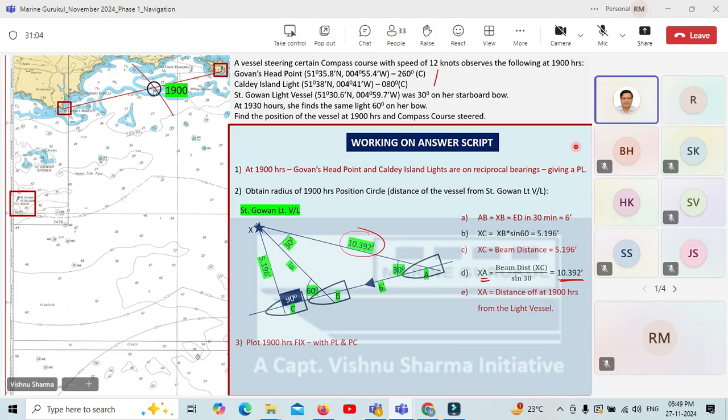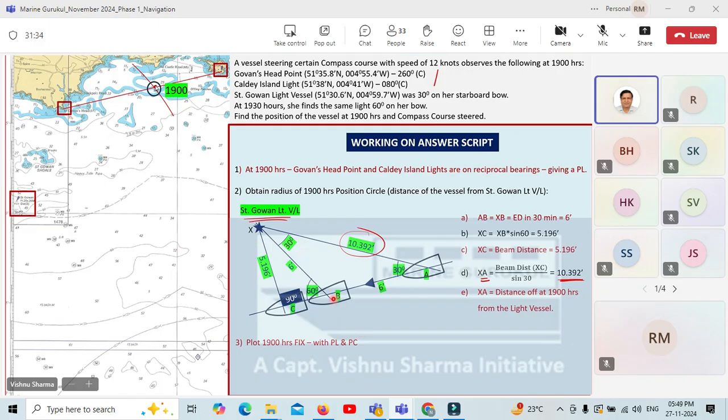Now, guys, on this course, when I continue, what is the beam distance of Saint Gowan light in our plot? Can you tell me from the plot what is the beam distance? 5.2. 5.196 or 5.2 miles. That means whatever course I was steering from here, when I reach a point where Saint Gowan is abeam, I'll be at a distance of 5.2 miles.